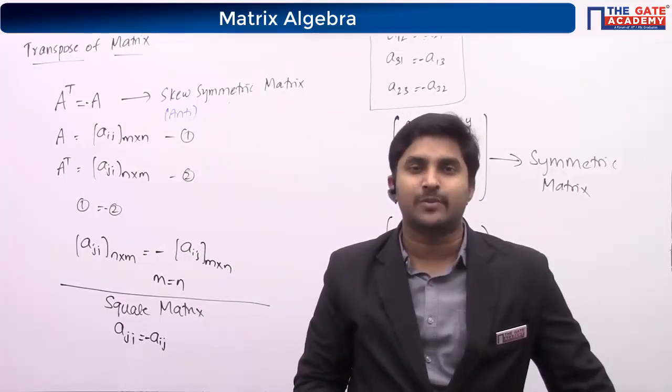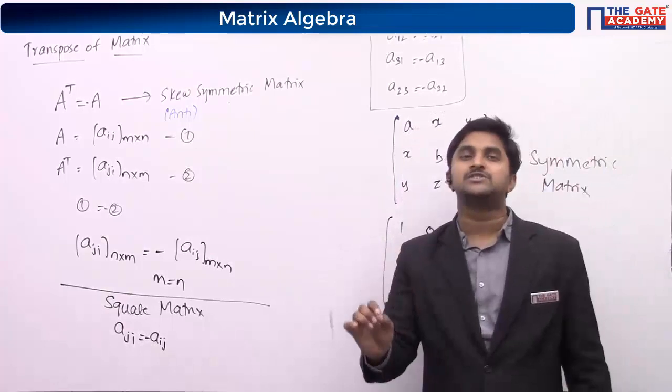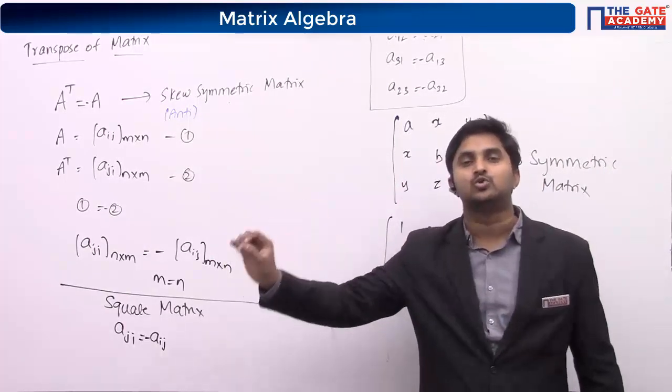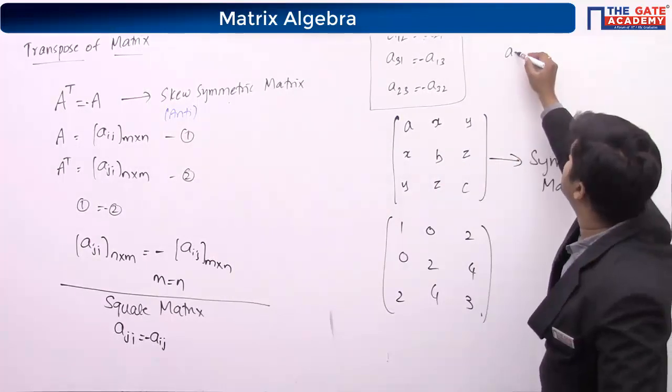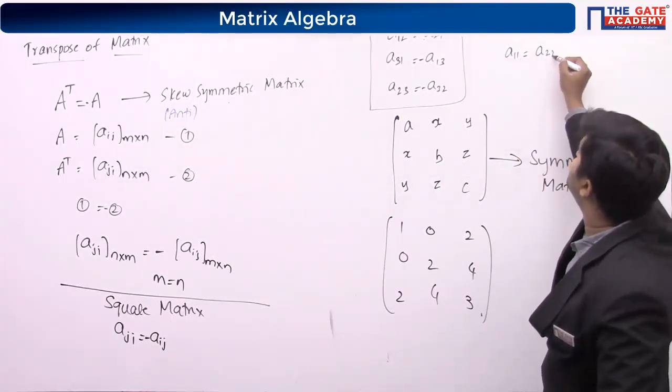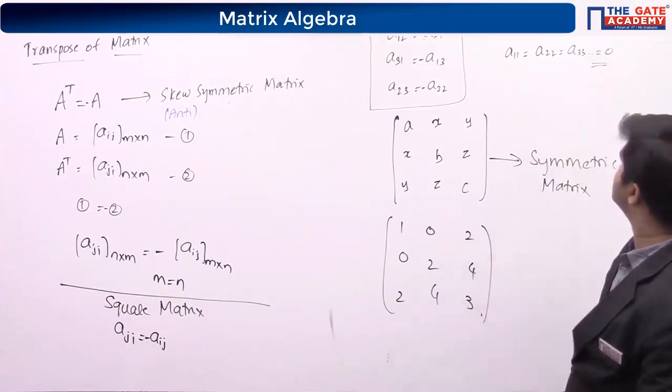So therefore all our principal diagonal elements should be equal to zeros. A11 is equal to A22 is equal to A33 and so on, it should be equal to zeros.